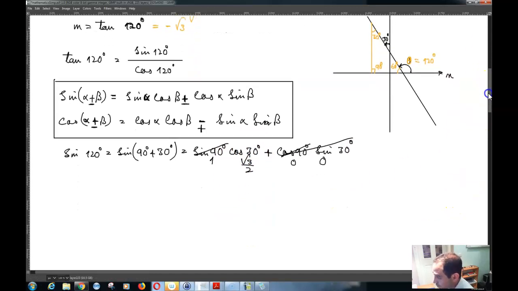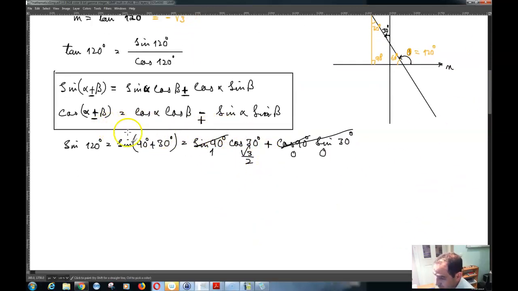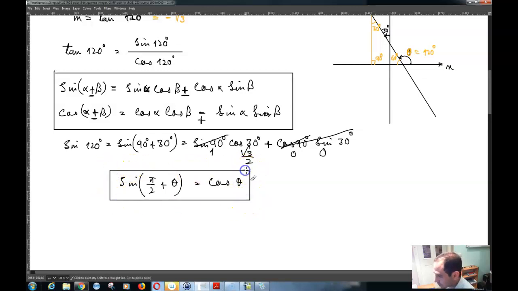And in the same way, you can make up some formula for yourself, meaning that you can write sine of pi by 2 plus theta is equal to, for example, here you can see, cos of theta. Then you can use this formula as many times as you like.